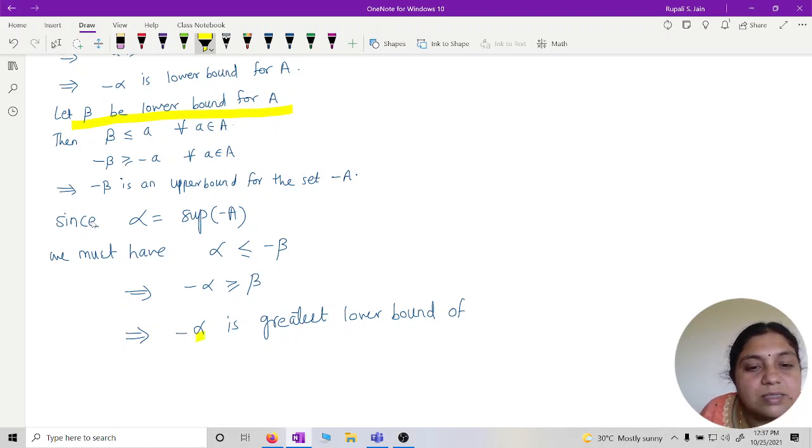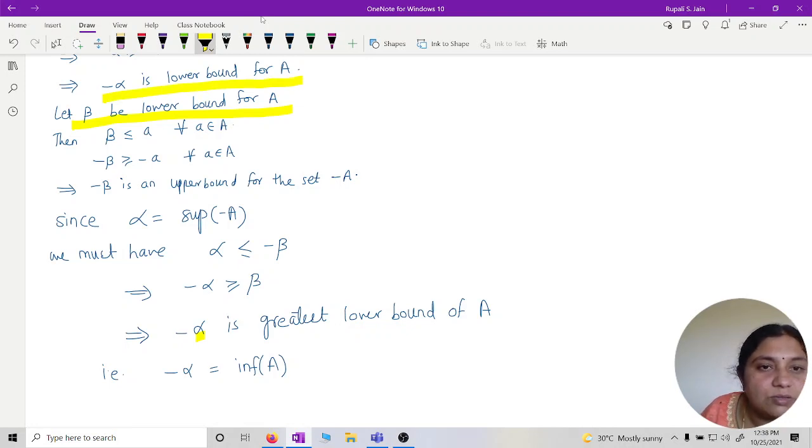So this implies minus alpha is the greatest lower bound of A. So minus alpha is equal to the infimum of A. Minus beta is an upper bound, beta is a lower bound for A, minus alpha is a lower bound for A, and we have the relation minus alpha is greater than or equal to beta.